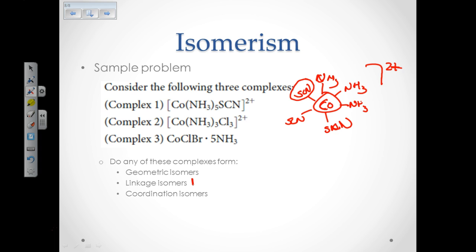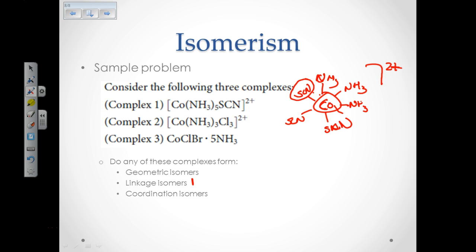Can it have cis and trans? We can draw this in a way that could look like it has cis and trans, but there's a whole different type of geometry here.